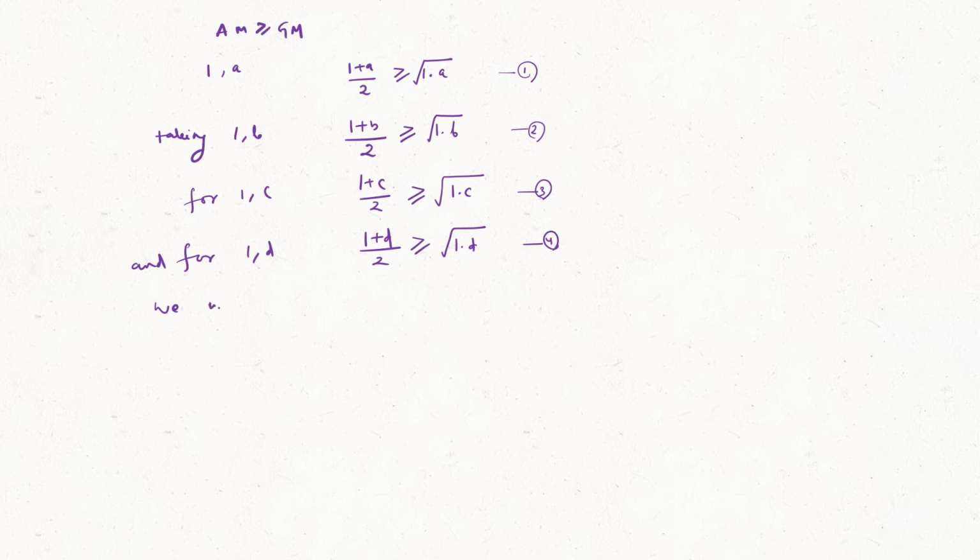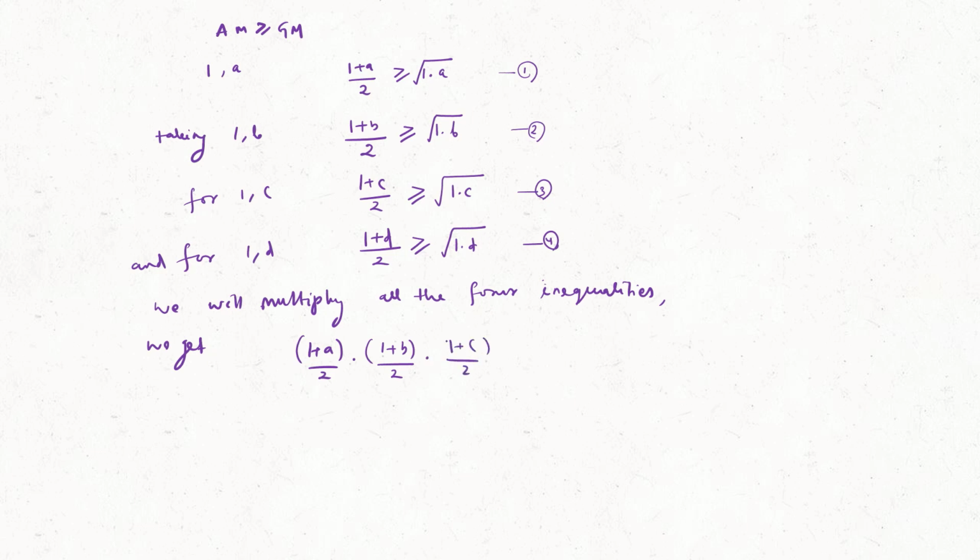We will multiply all the 4 inequalities, and we get (1 plus a) by 2 into (1 plus b) by 2 into (1 plus c) by 2 into (1 plus d) by 2 greater than or equal to the square root of a, b, c, d.